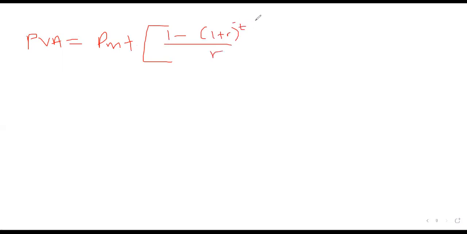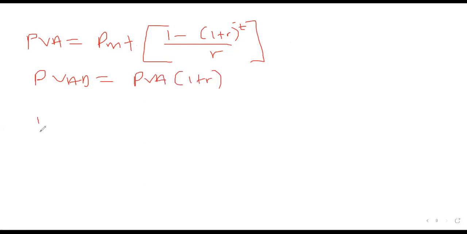So the formulas for annuities, for instance, present value of an annuity is simply the payment that you have, times 1 minus 1 plus r to the power negative time, over the interest rate. Then for the present value of an annuity due, it is simply the present value of an ordinary annuity multiplied by 1 plus r.